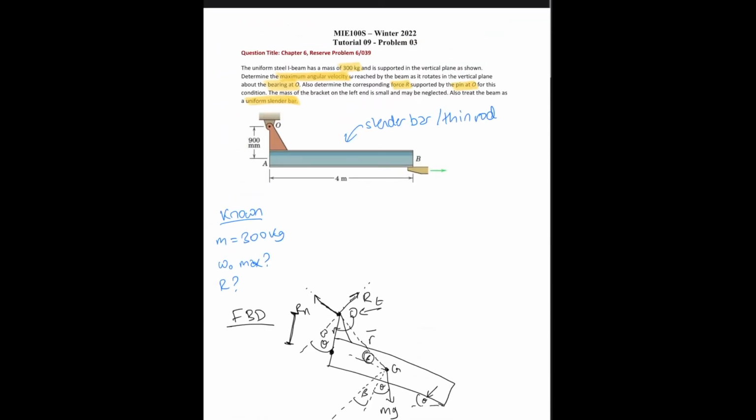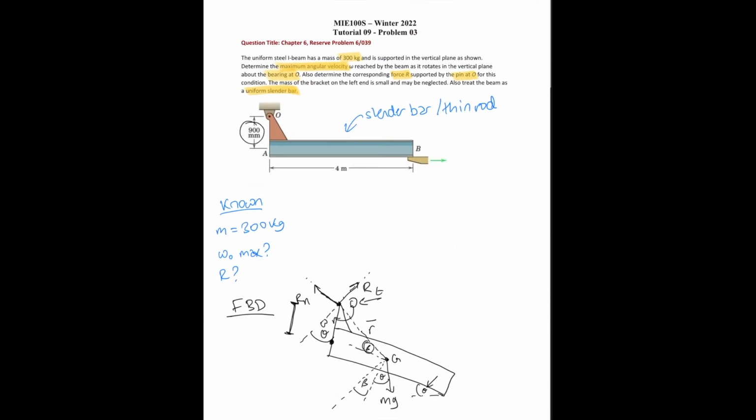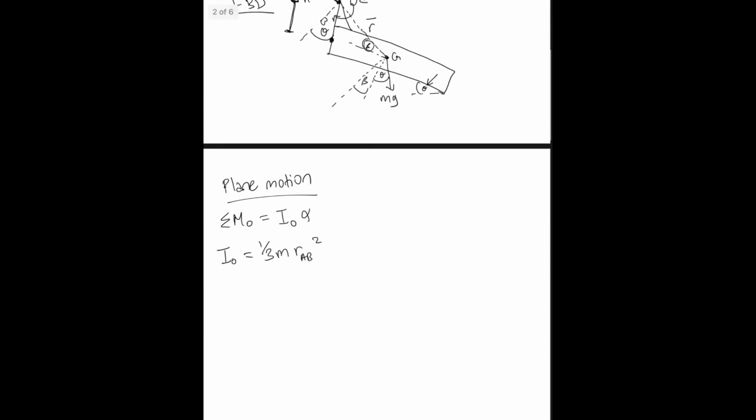We know that this distance over here is 900 millimeters. Therefore, it's going to be plus M R_AO squared.